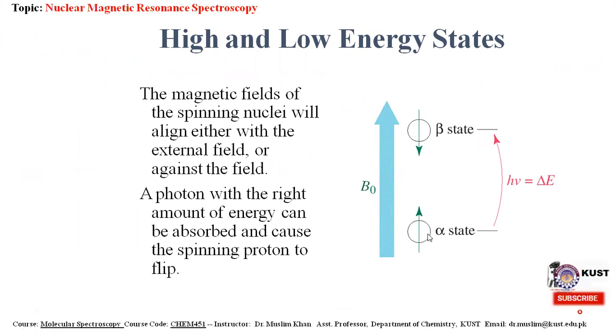When this is aligned with the external field, it is in a state known as the alpha state, a low energy or stabilized state. When this is aligned against the external field, it is known as the beta state or higher energy state.